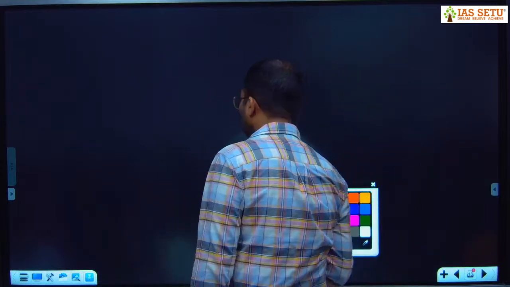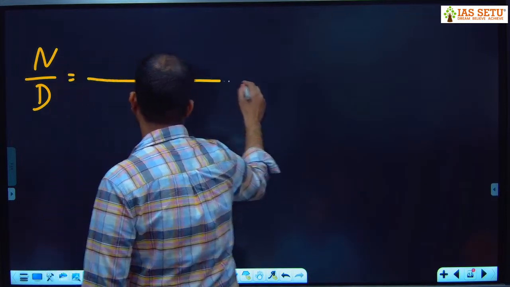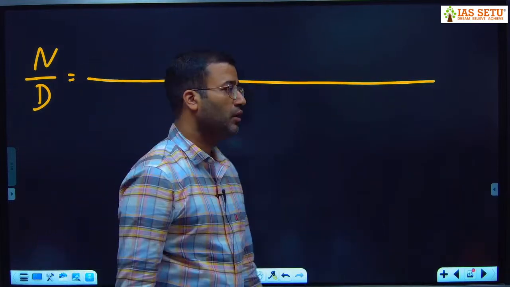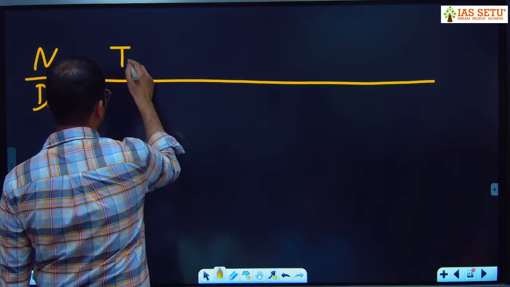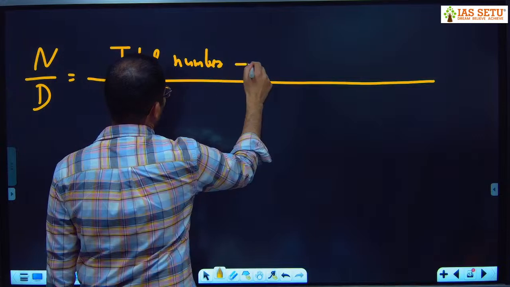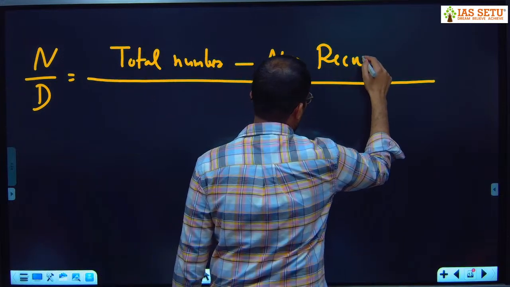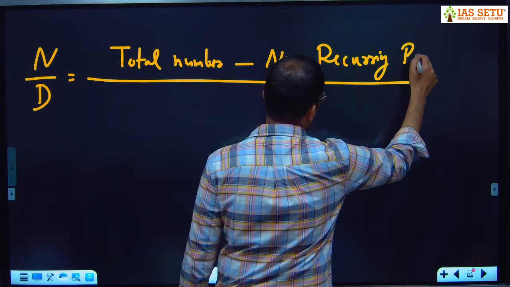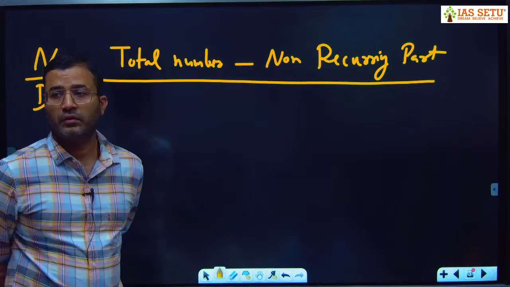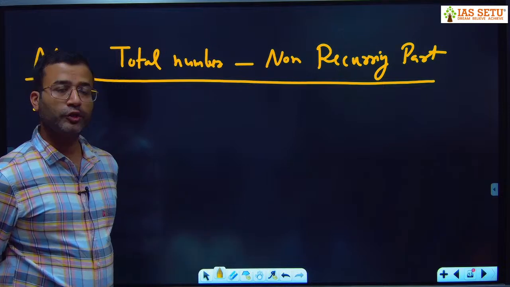Now here you write what we are doing for this topic. Numerator is total number minus non-recurring part. Denominator, we have two things.